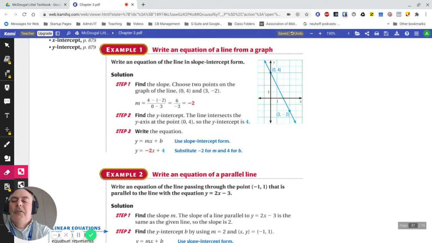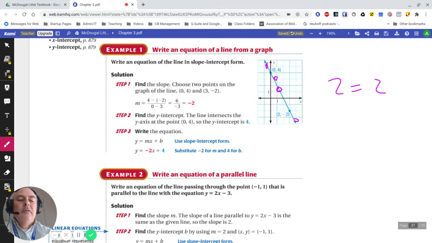Now, here's one of the cool things about the equation of a line. Any point that is actually on that line, when I plug it into the equation, it works. If I get 2 equals 2, that works. 5 equals 5, that works. If a point is not on the line, then I get an inequality.